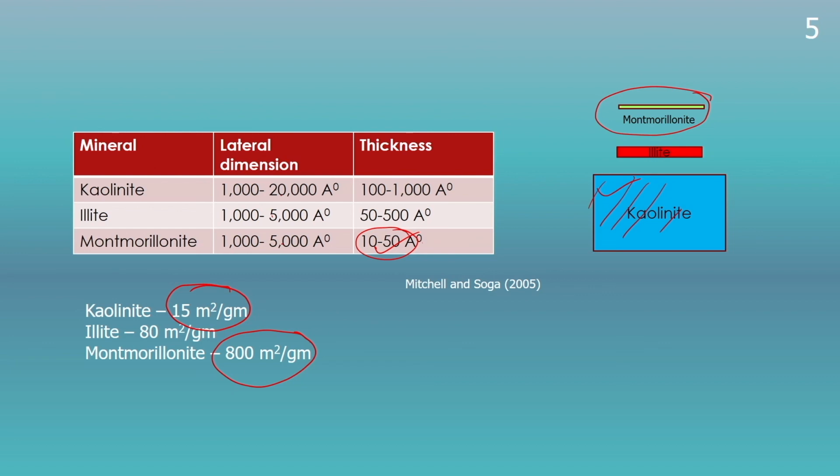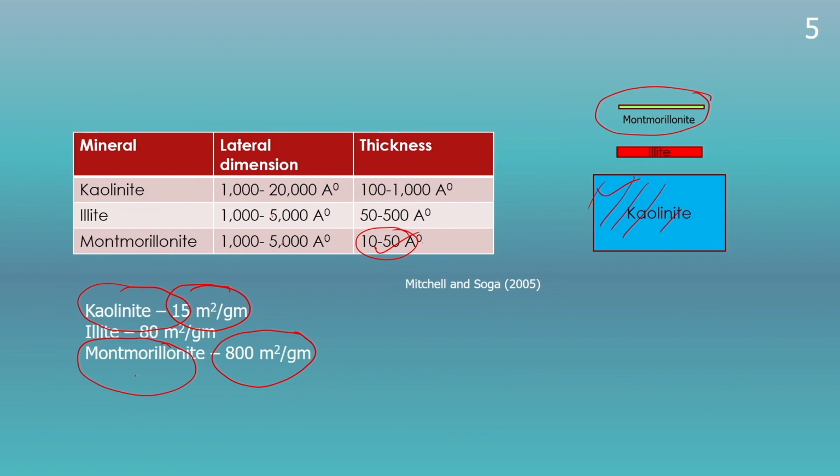As I told you earlier, the behavior of the different minerals is governed by two factors: the net forces and the fabrics. When we compare these three minerals, generally the montmorillonite is controlled by the net attractive forces, whereas the kaolinite is controlled by its fabrics.